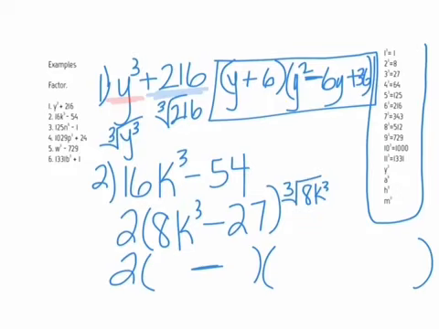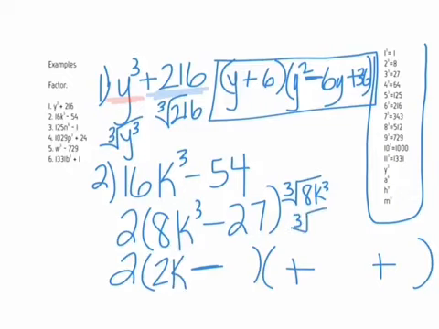Then this sign here and this sign here are opposites, so I'll put a plus sign, and then the last sign is always plus. Now I'll do the cube root. The cube root of 8k cubed is 2k. That goes in the first spot of the binomial.